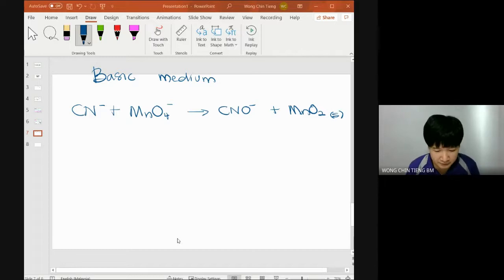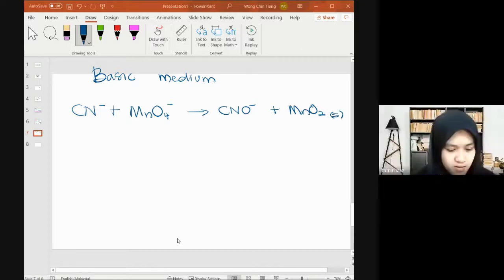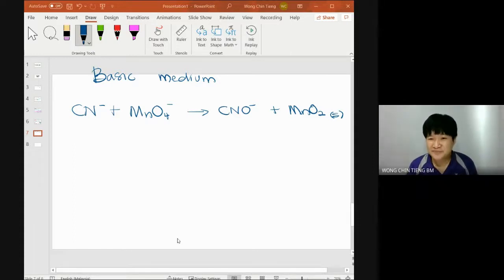CNO minus dapat berapa? Tak habis kira lagi. Oh, habiskan. Senang je sayang. Balancing equation tak patut ambil masa lama macam ni. Balancing equation 2 markah je. Tapi kalau ni salah memang bye-bye lah belakang.